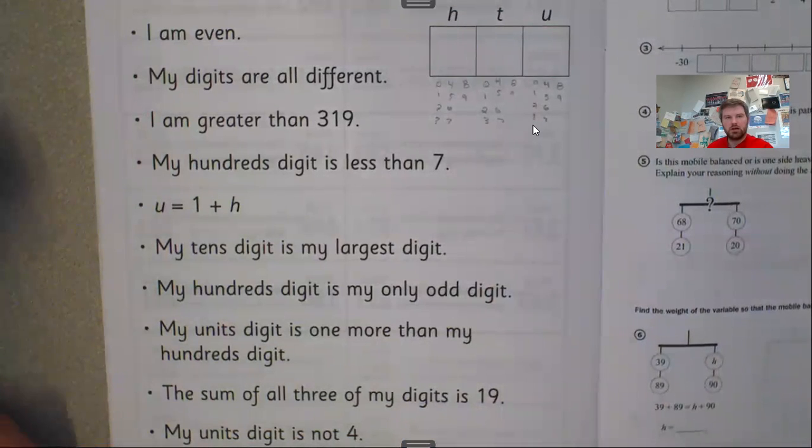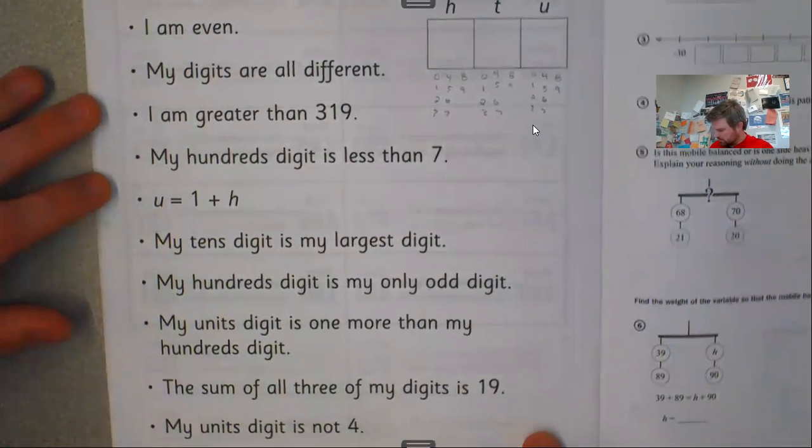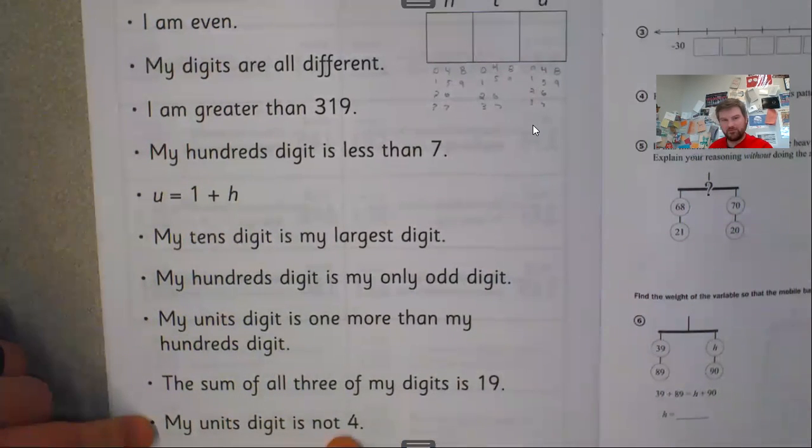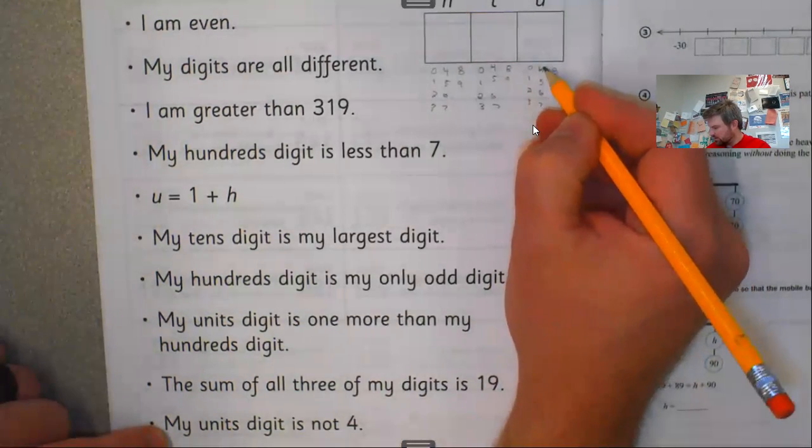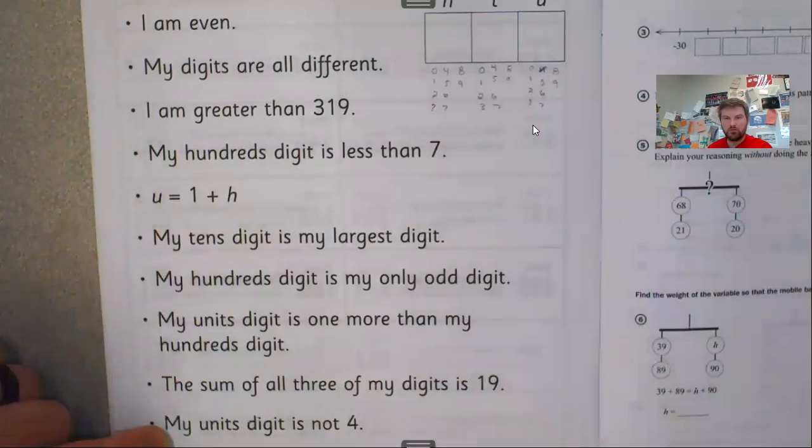So we can start with my units digit is not 4. We'll use this last clue here. The units digit is not a 4. So we can mark out a 4.